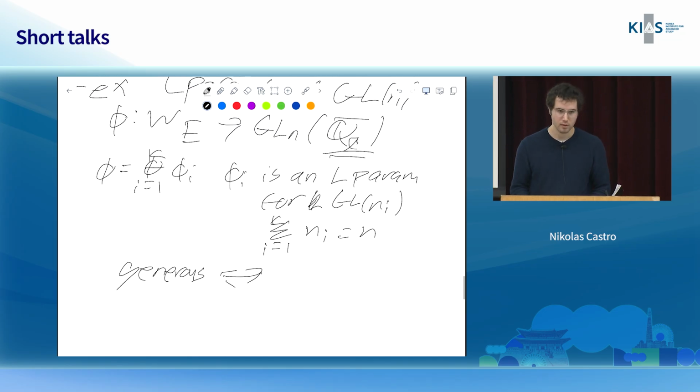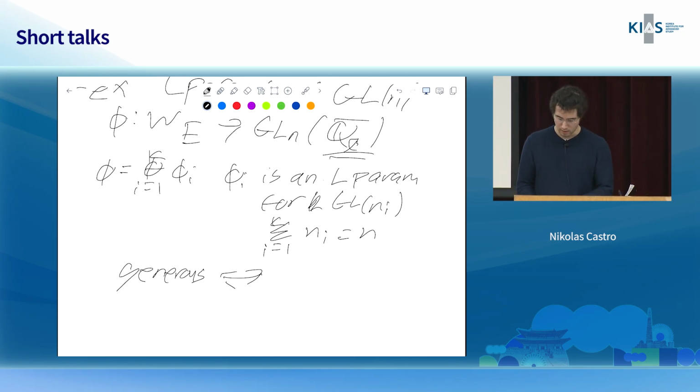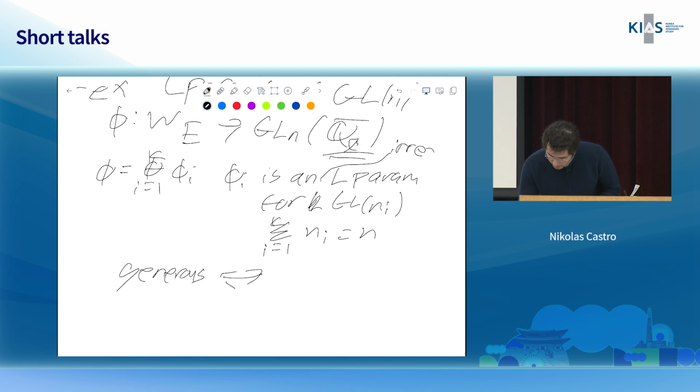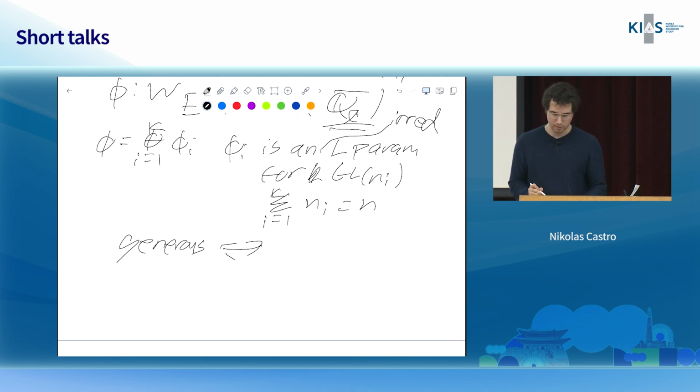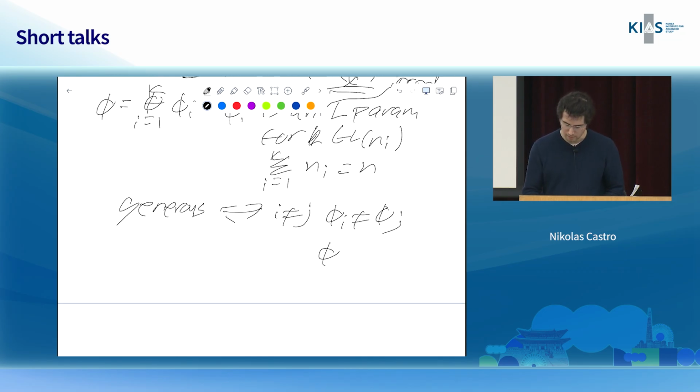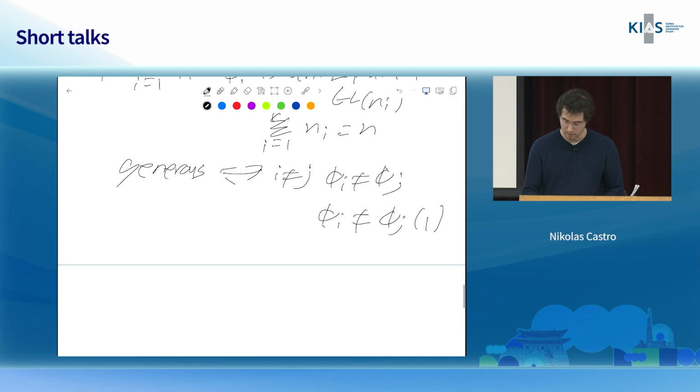Do you want to assume phi I is irreducible? Yes. Yes, thank you. So generous is equivalent to, for all I and j distinct, phi I does not equal phi j, and also they don't differ by cyclotomic twist.